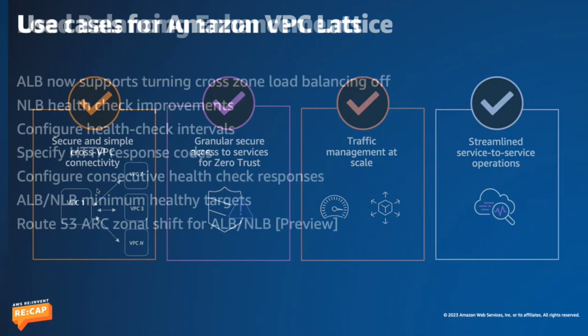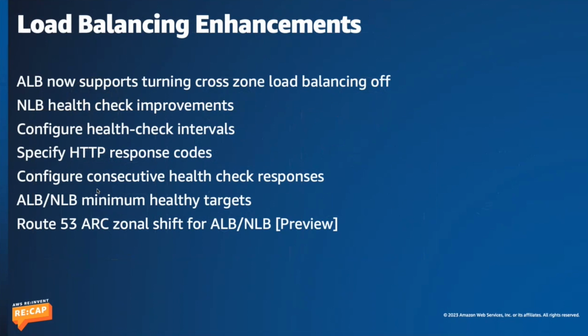On top of that, it's worth mentioning that a couple of major enhancements have been implemented for load balancing. For example, now we are able to set up Route 53 ARC zonal shift for application load balancer and network load balancer, as I previously explained.